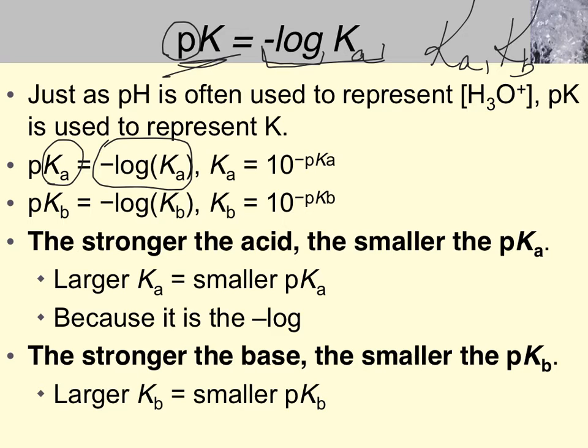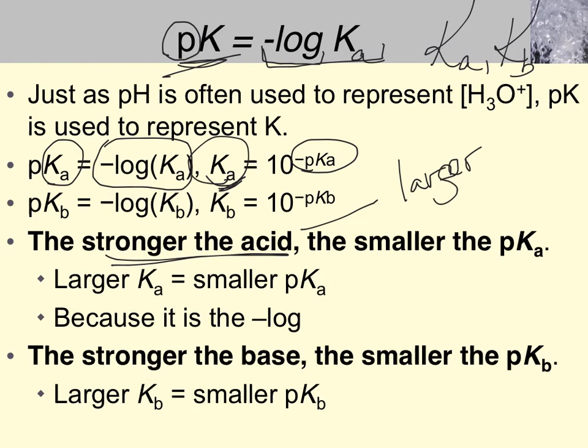And similarly, if you're given the pKa of something and asked to calculate Ka, Ka equals 10 raised to the minus pKa. And very similar to pH, the stronger the acid, which means the larger the Ka value, stronger acids have larger Ka values, and also have smaller pKa values.